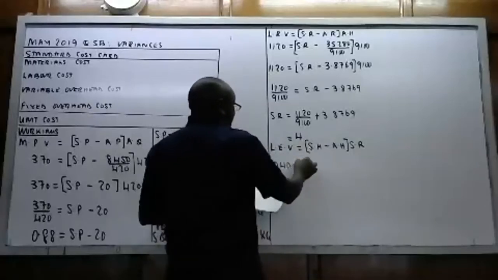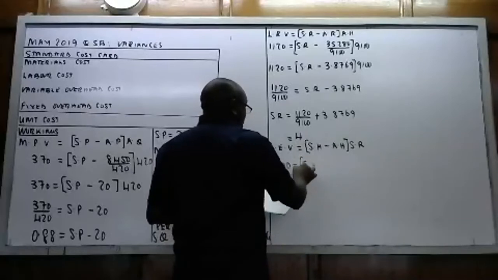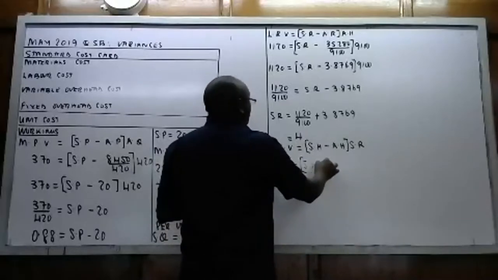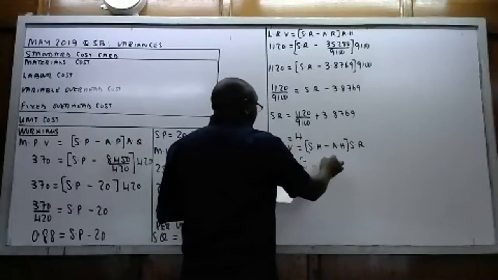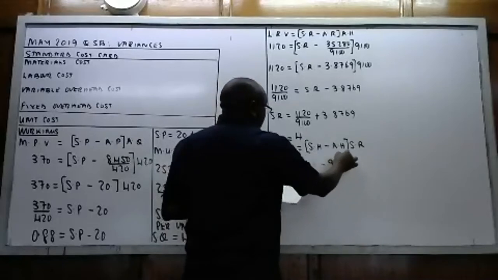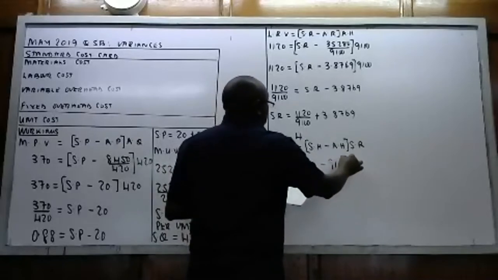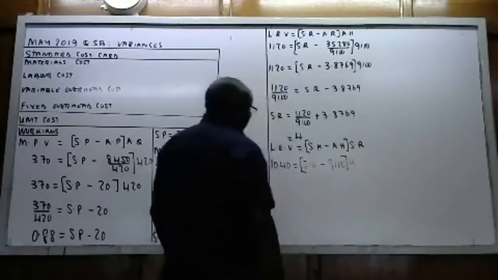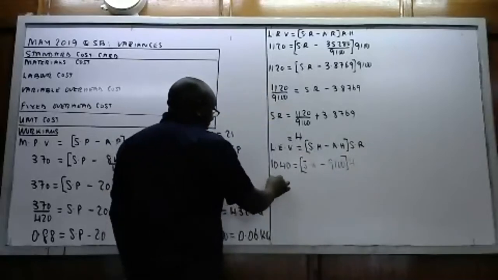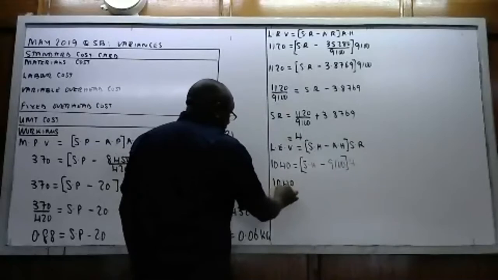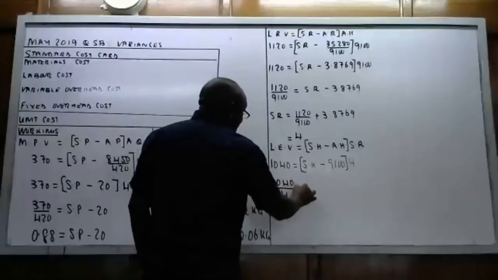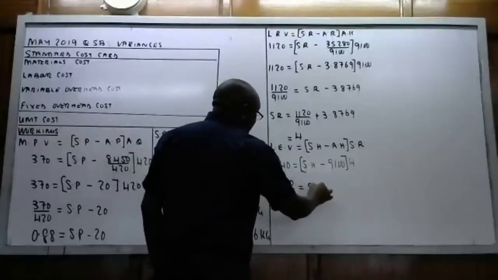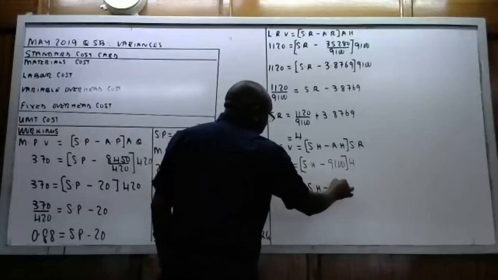So standard hours, we do not know them, but the actual hours we know they are 9,100. Standard rate we know is 4. So this then becomes 1040 over 4 being equal to standard hours minus 9100.